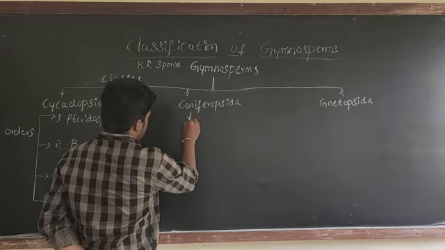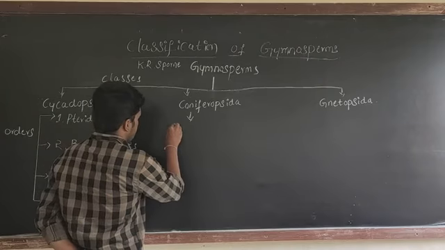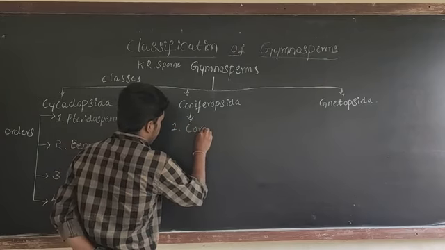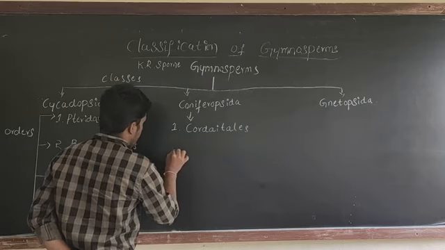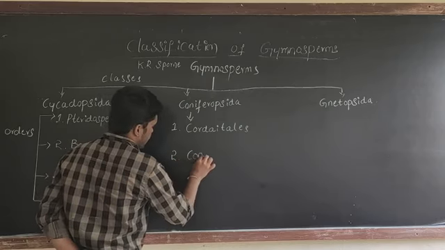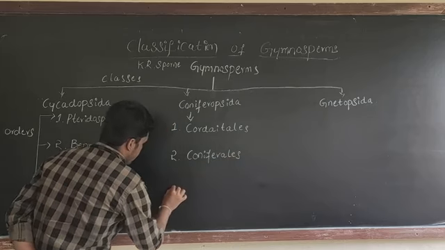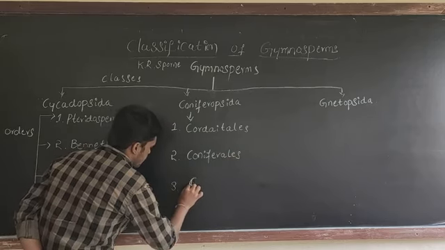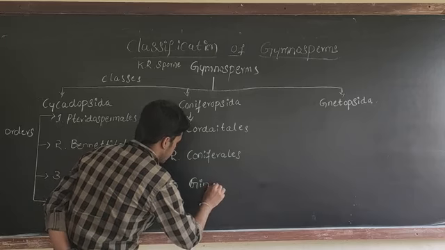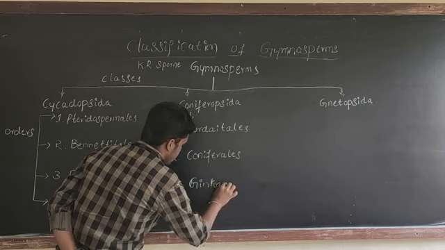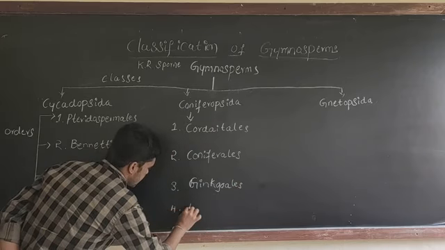Similarly, the class Coniferopsida also consists of four orders. First one, Cordaitales, next Coniferales, third one Ginkgoales, fourth one Taxales.